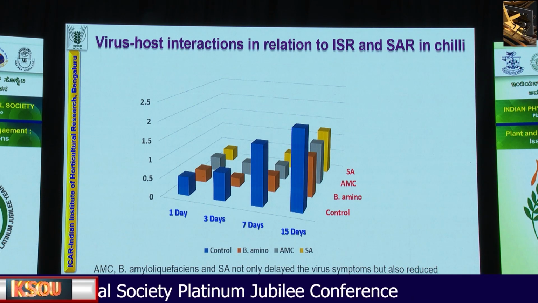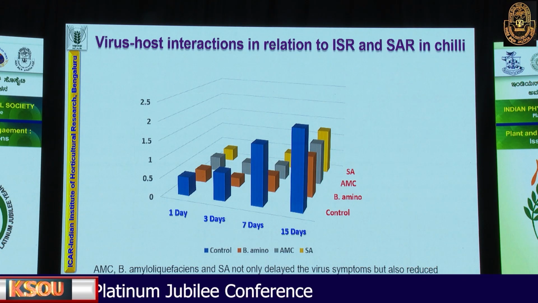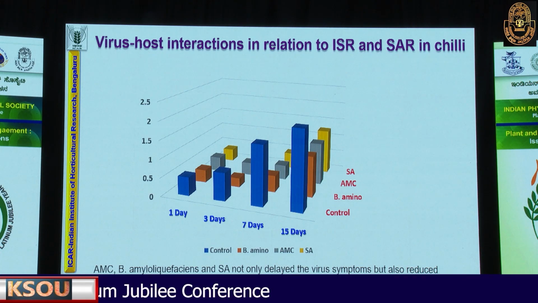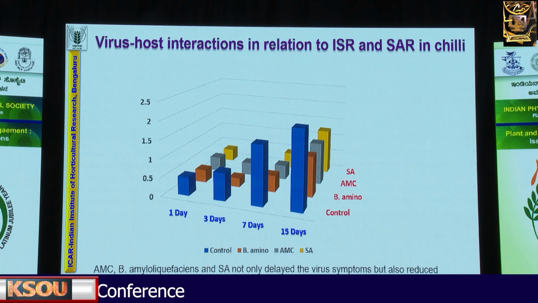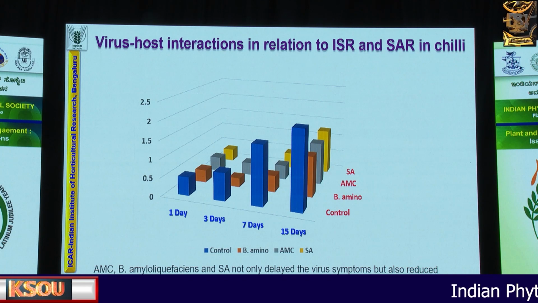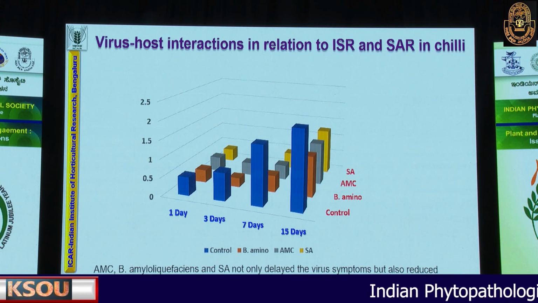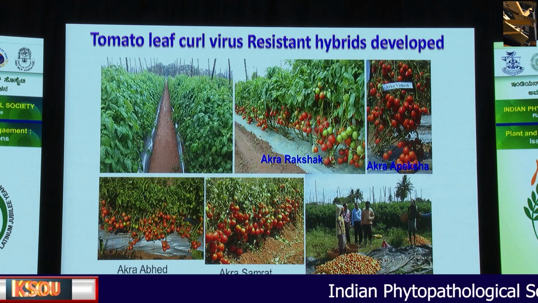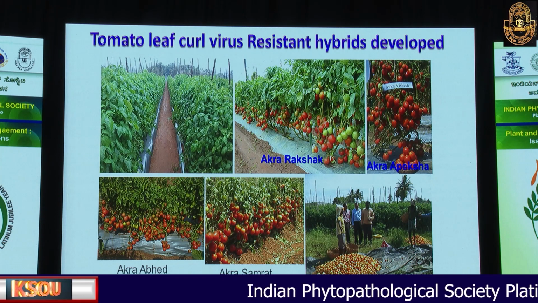In all cases, up to 7 days there is significant reduction in virus replication or multiplication, but by the 15th day there is an elevation. Though compared to the control it is still 50% less. This makes the determination of the critical interval important, deciding when to spray so that the host defense mechanism can be prolonged. This is the mechanism I am highlighting.